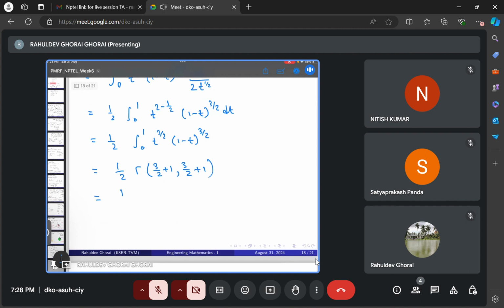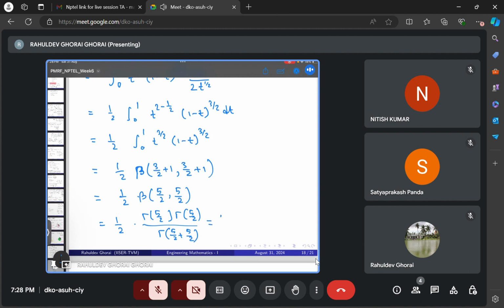Please make sure that this is the beta function. That is nothing but beta of 5 over 2 and 5 over 2. That implies half times gamma 5 over 2, gamma 5 over 2, over gamma of 5 over 2 plus 5 over 2.